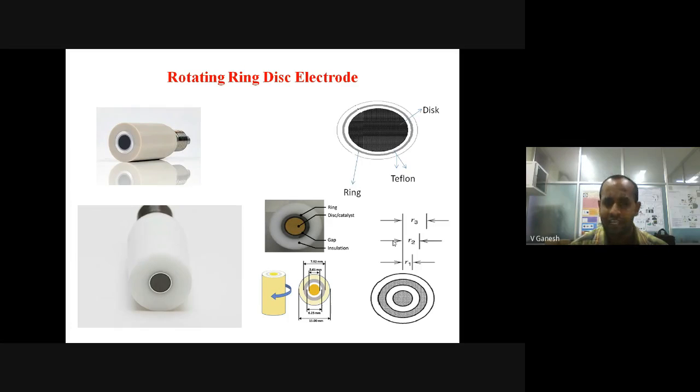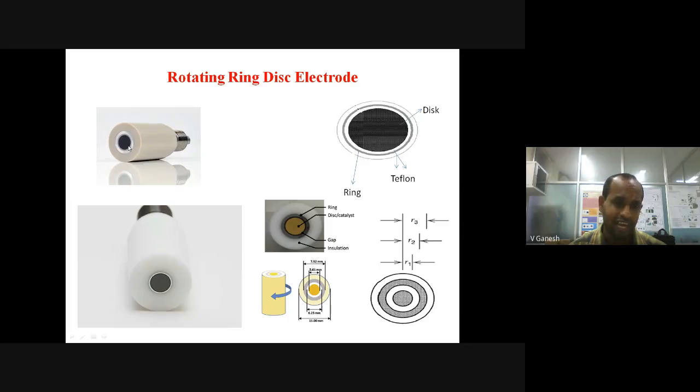And if it undergoes partial reduction, rather than 2 and 4, say 2.3, 3.2, 3.5, etc., the oxygen reduction reaction would result in partially reduced oxygen species. Those kinds of product analysis one can do at the ring electrode.